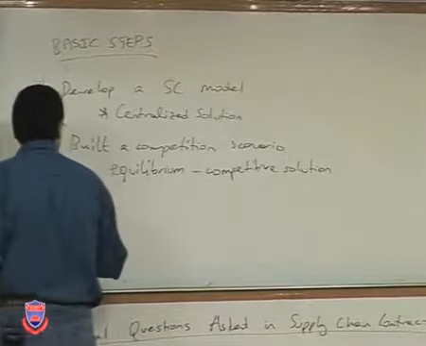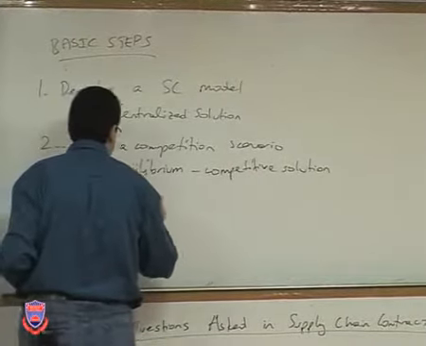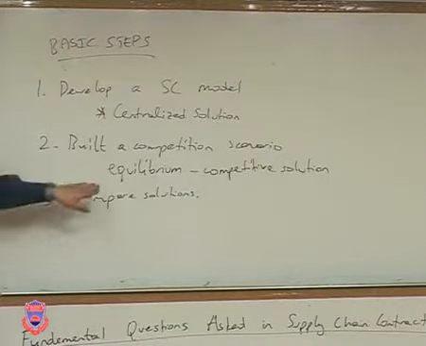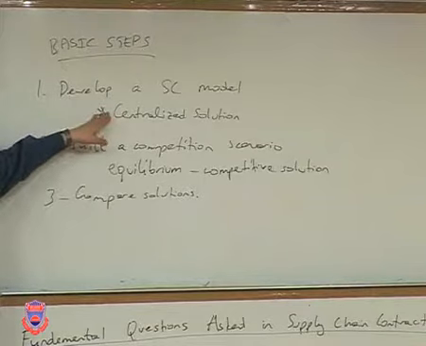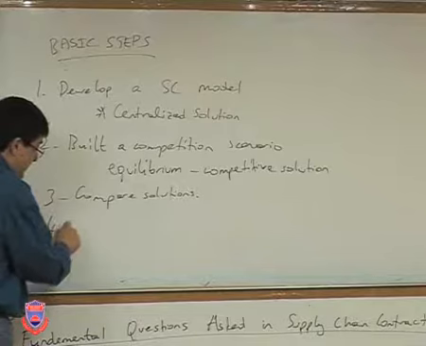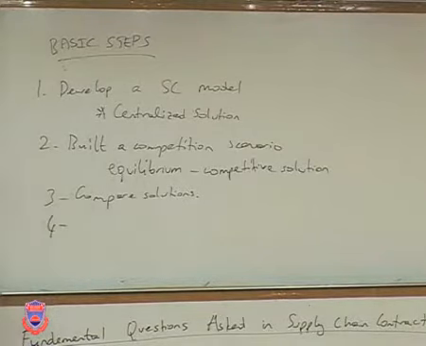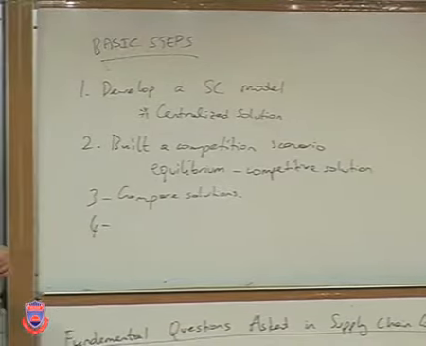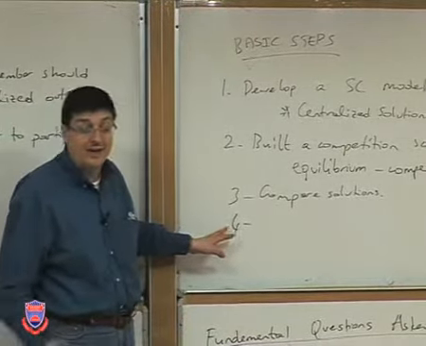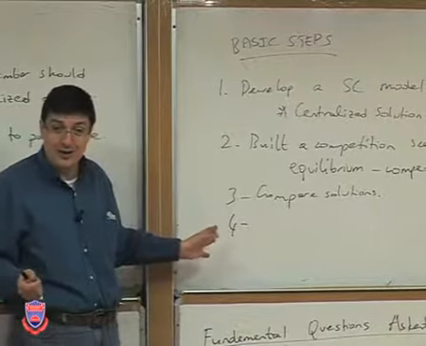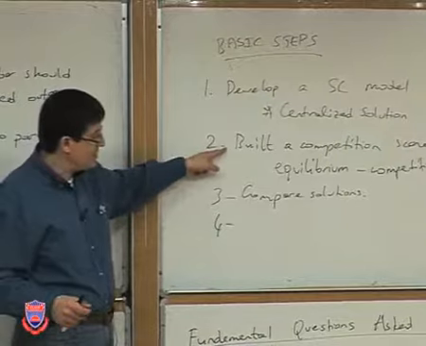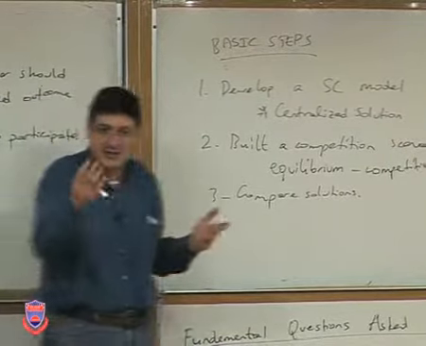And then the third thing is you compare solutions. In other words, you compare the decentralized solution, equilibrium solution, with the centralized one. Okay? And the fourth step is, after you do all of those, note that it's not easy to pursue on some kind of a contracting research, because basically, once you do this, you have to make sure that this competition scenario that you built is reasonable, of course.